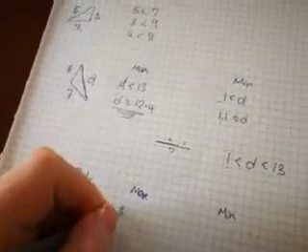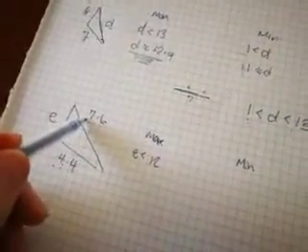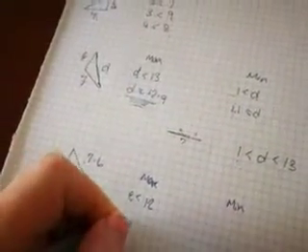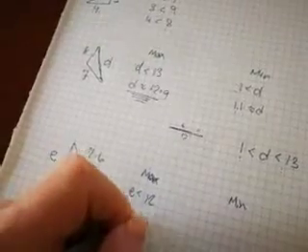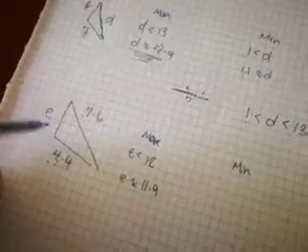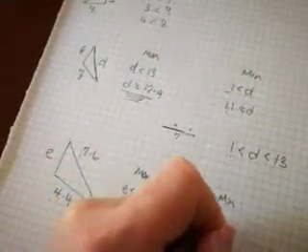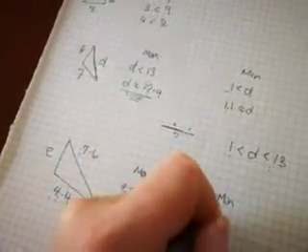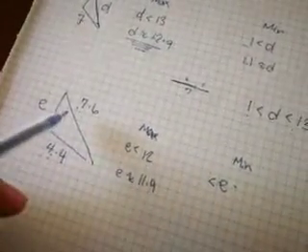So the maximum value, to get that, we add these two together. So E must be less than 12, that plus that. So E could be, again, we're going to make it anything like, say, 11.9 is fine. To get the minimum value, E must be greater than, and we subtract these.